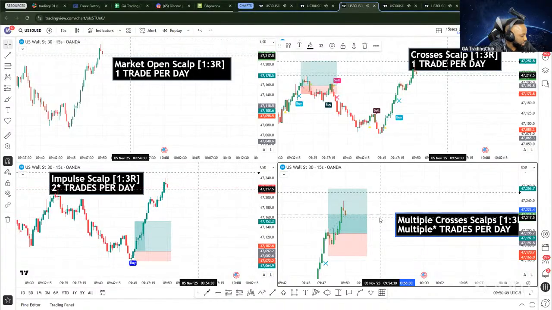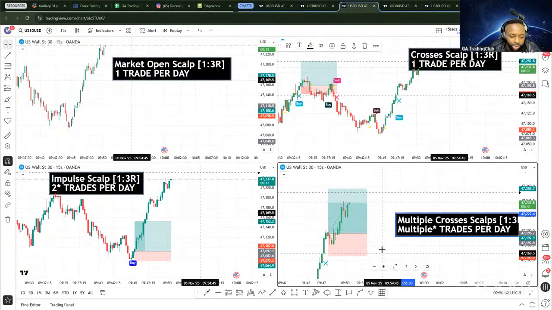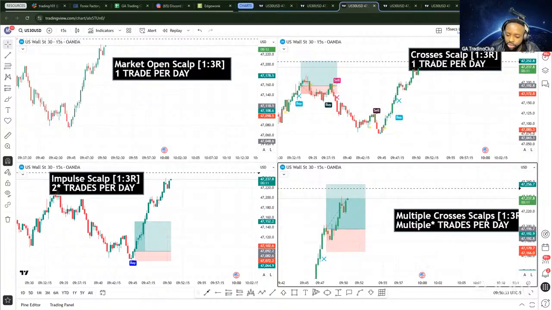So we are still pushing up on that. All right, so you can see this one is still running, right? The multiple crosses entry is still pushing up to TP.